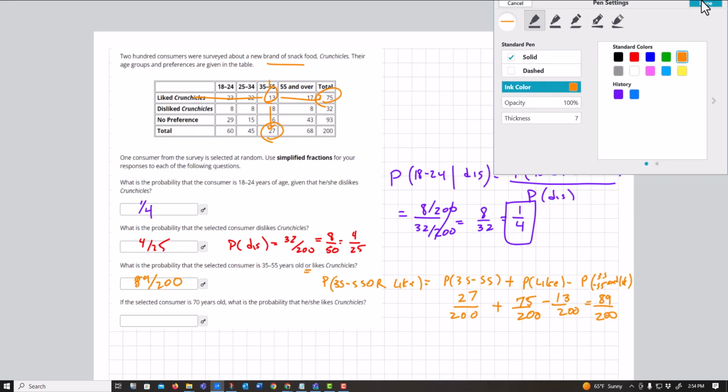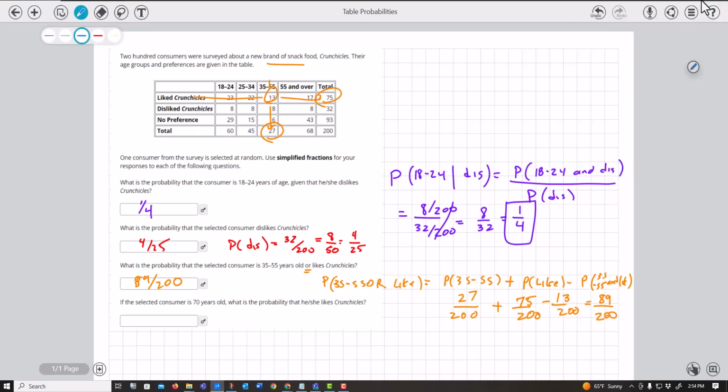Got to the last one. We'll get a blue. All right, if a selected consumer is 70 years old, that's the given. So what is the probability he or she likes, given that we know ahead of time that they're 70 years old?